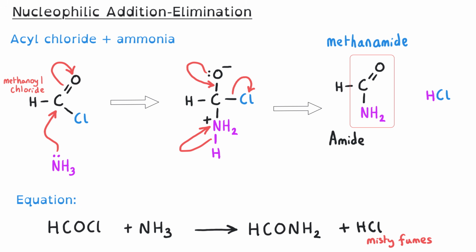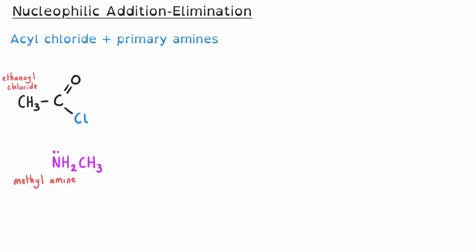toxic HCl gas. Acyl chlorides also react vigorously at room temperature with primary amines, and the mechanism is identical to when ammonia reacts, but we produce something different in this case. And so the first step is the attack of the nucleophile on the carbonyl carbon.